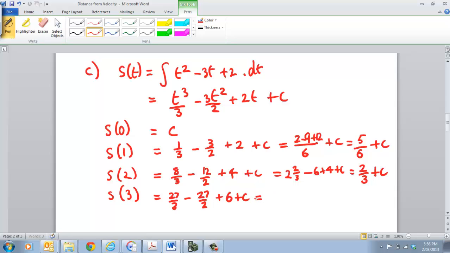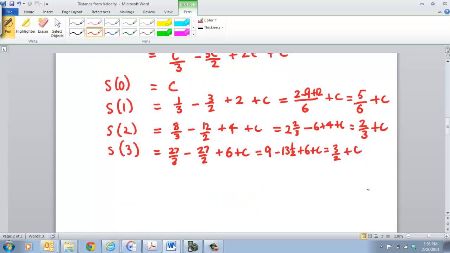So that's really like 9, that basically becomes equal to take 13.5. Is that right? And then that's going to be plus 6, plus c. So that's 15, take 13.5. That's going to give me like 1.5. So that's going to be 3 on 2 plus c.